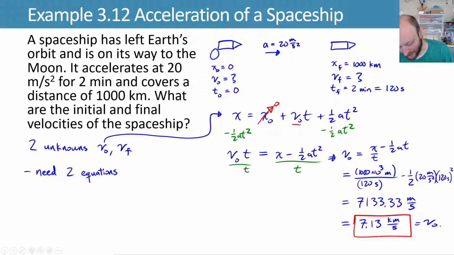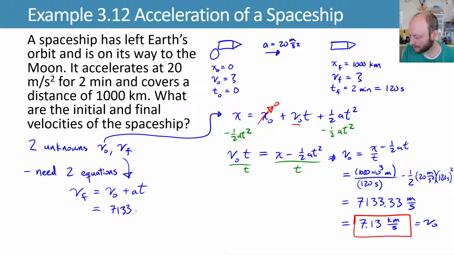Now we need our V final. So we look at our set of equations and we can say, well, I have this equation here. My V is equal to my V naught plus acceleration times time. I know these things now. I just found V naught. So I can plug this in. Again, trying to use just the base meters per second units to keep my life easy.